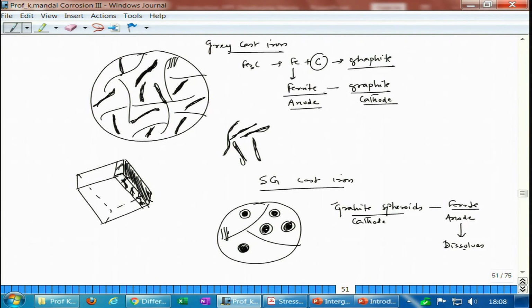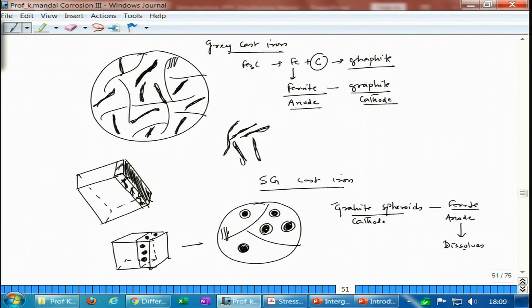But these are not interconnected. If you see it in a 3-dimensional picture, let us say this is the layer I am talking about. The spheroids do not have any interconnection.